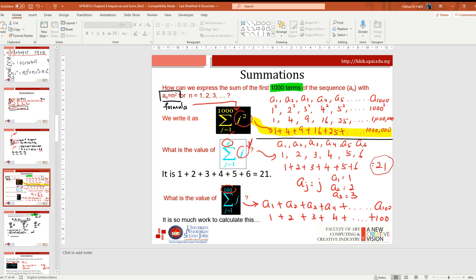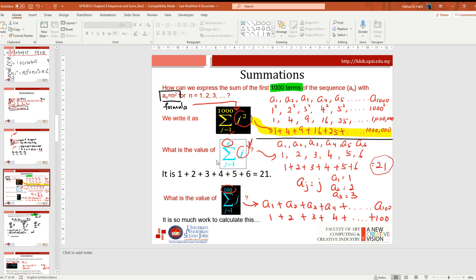How can we express the sum of the first thousand terms of the sequence an with a formula? For example, we write the sum of j to the power of 2 from j equal to 1 to 1000. We list out from 1 to the power of 2 until 1000 to the power of 2, and then we sum all of these.